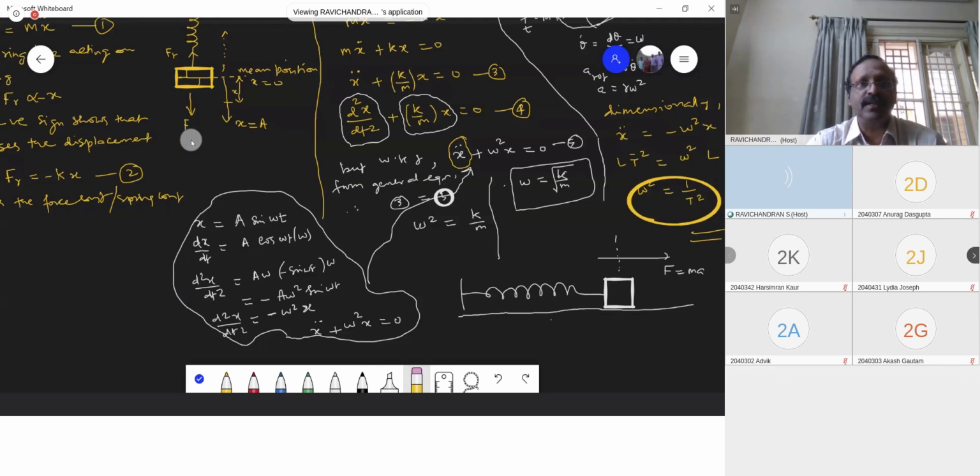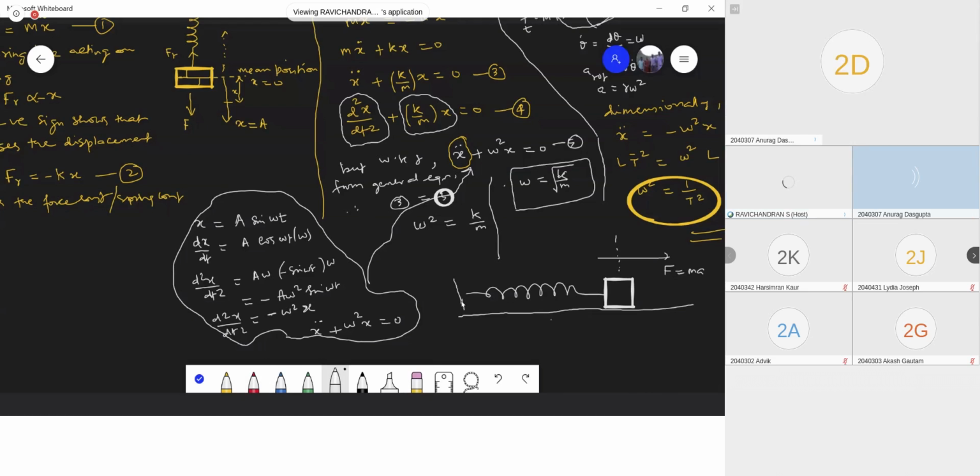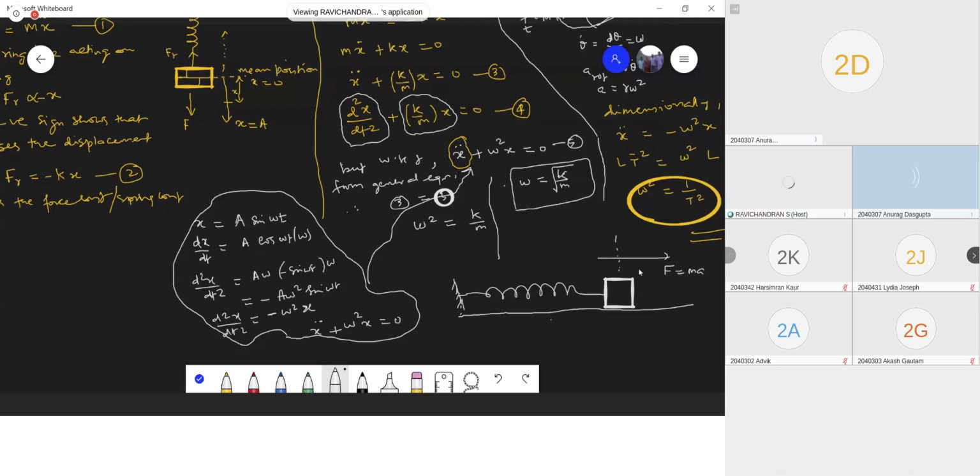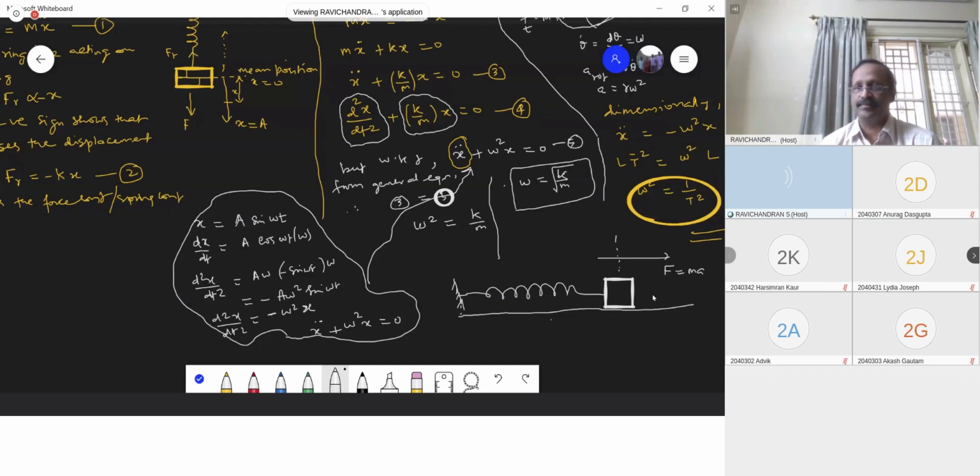Okay, fine. This is the diagram I have got. Hope you understood this one. This is a spring. This is the applied force here. In this case it becomes mg, but it's not becoming mg in this case because it's sliding on the table, a frictionless surface.